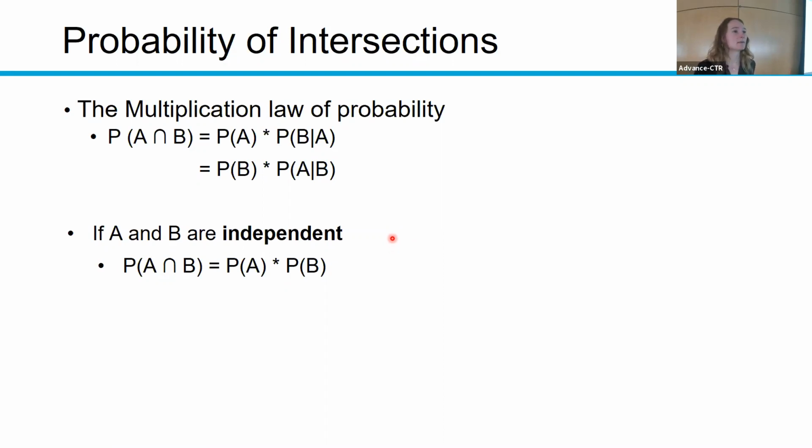Yes? So if you had a dice roll, you would have 1 through 6. That's a sample space.